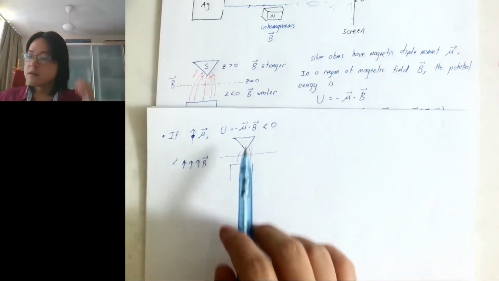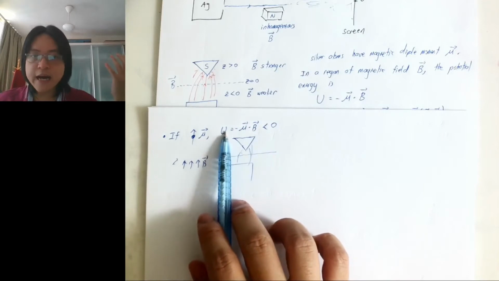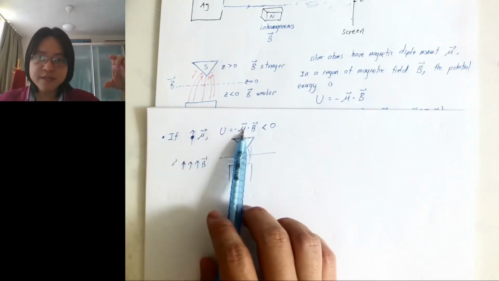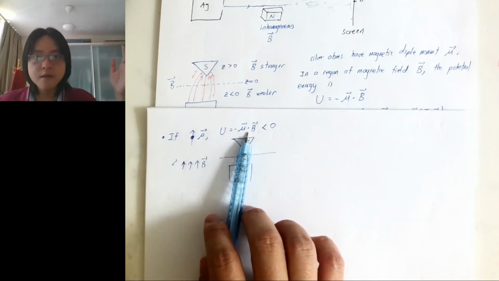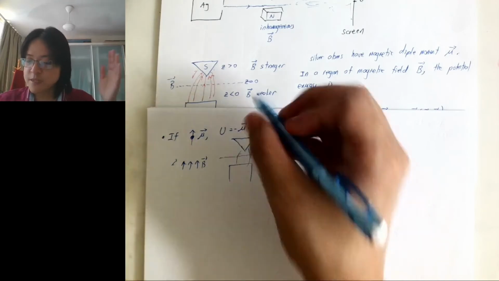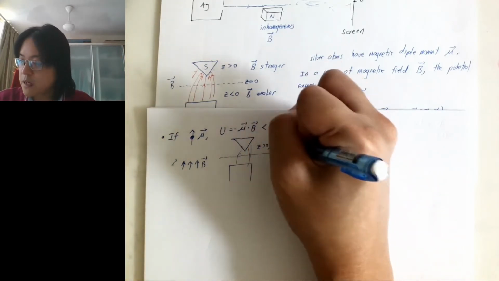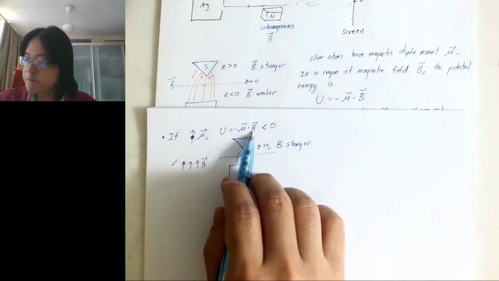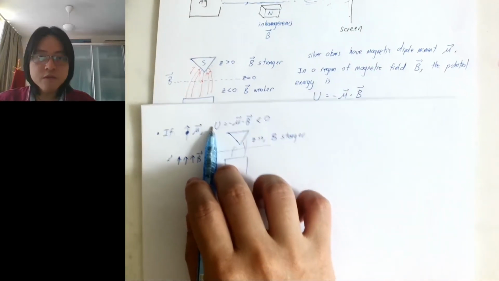Now we check who has a higher value. The length of mu is fixed. We already took care of the direction, but let's look at the size of this function. Just now we said that for positive Z, B is stronger. So if B is stronger, what happens to U?